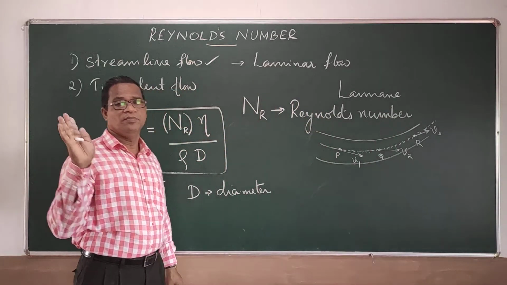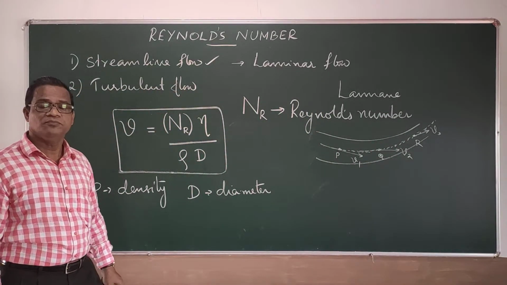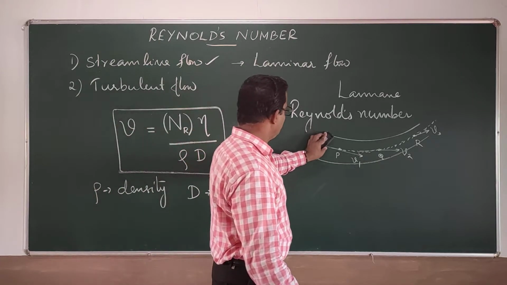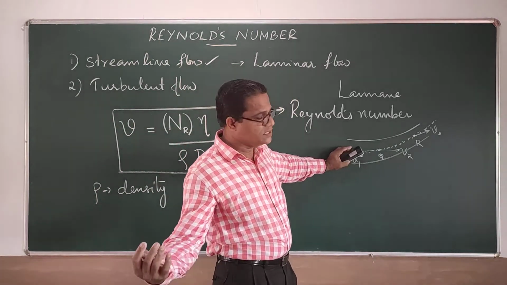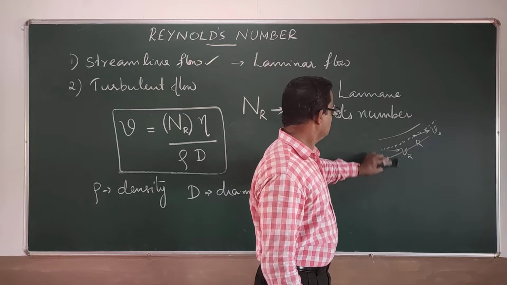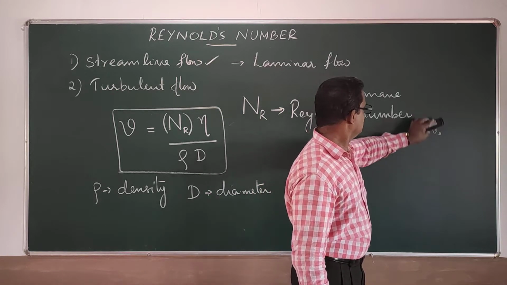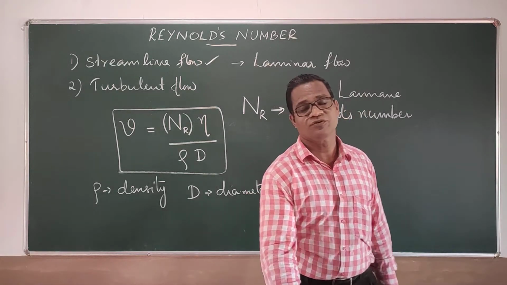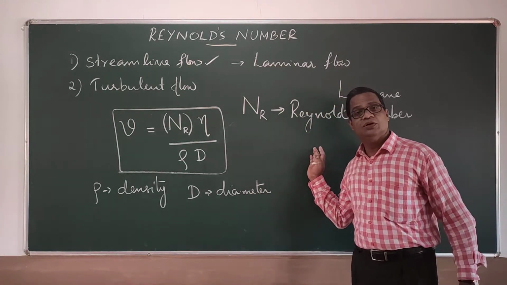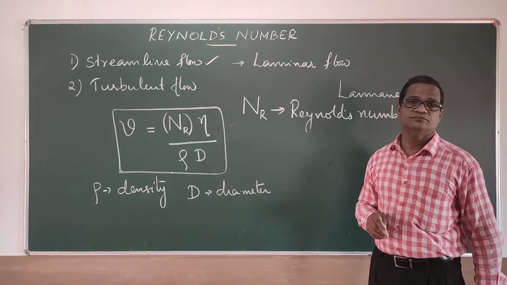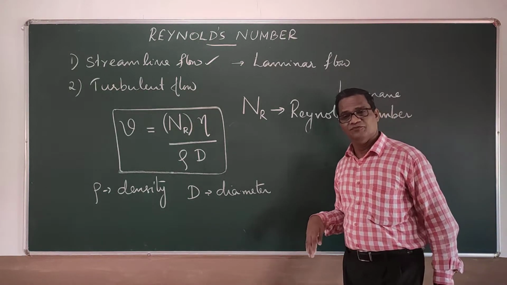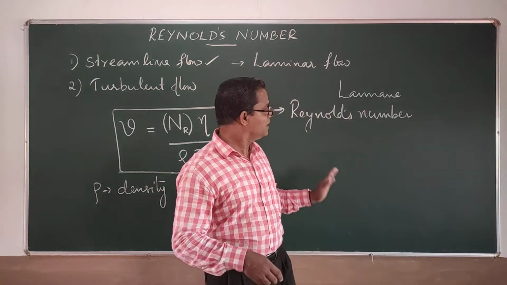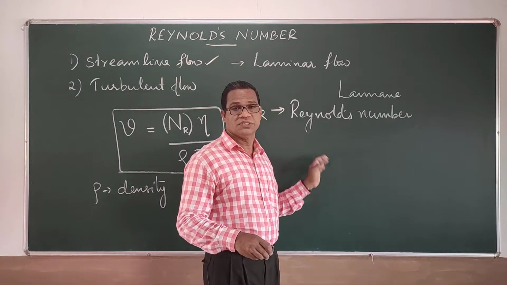It is only a number, and that number is independent of the unit that you consider for the measurement. It is independent of the nature of the liquid, and depends only on the type of flow, or defines the type of flow. Now, how is the number used for distinction?